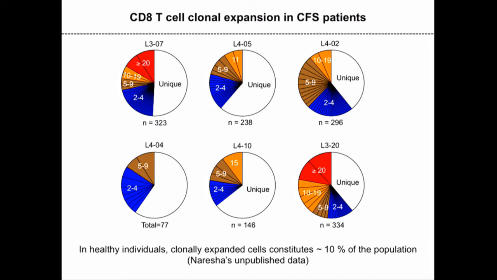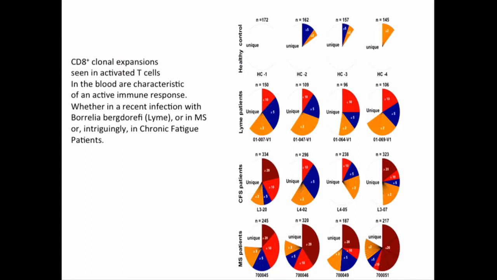There could be multiple antigens, but there certainly are some more than normal. So in summary of all this, in cancer, in infectious diseases, in autoimmunity, and in chronic fatigue, the characteristic is CD8 clonal T cell expansion. And at least in some cases, we know those are specific for the disease.